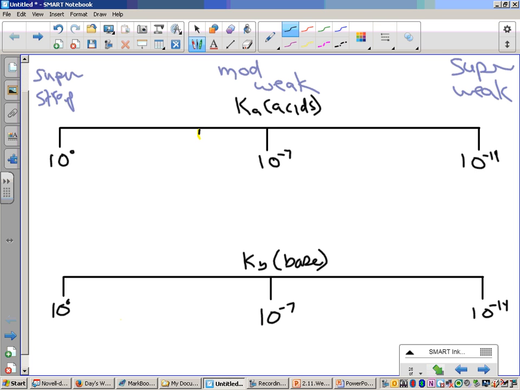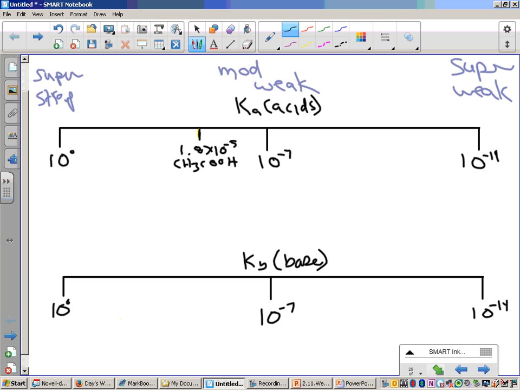Could you tell me the number again? 1.8 times 10 to the negative 5. So I'm going to put here 1.8 times 10 to the negative 5. And this is acetic acid, CH3COOH.